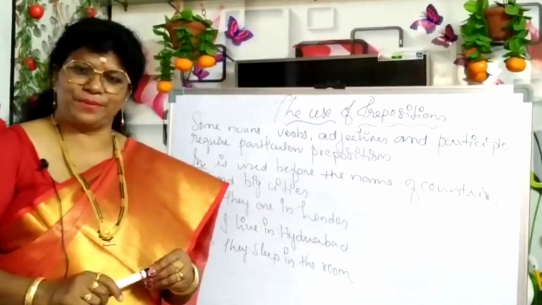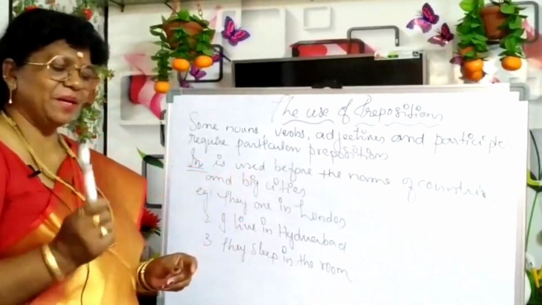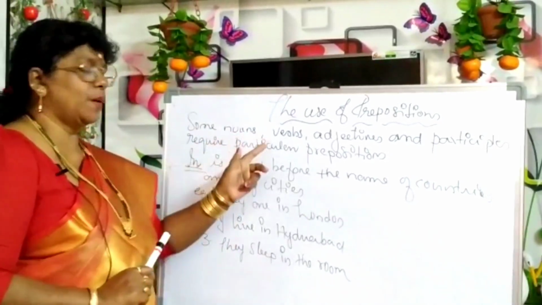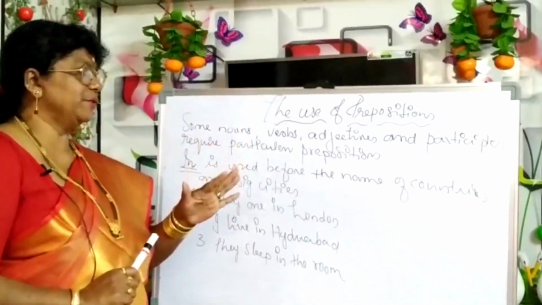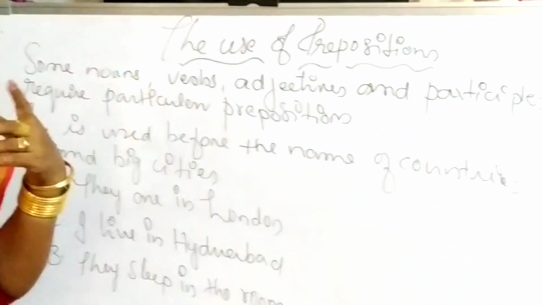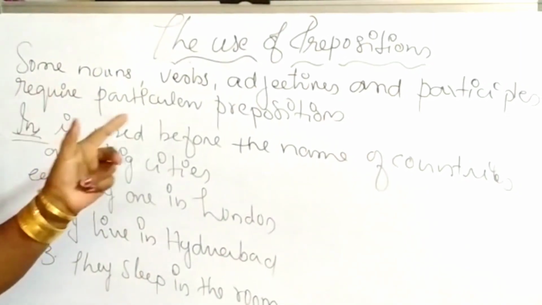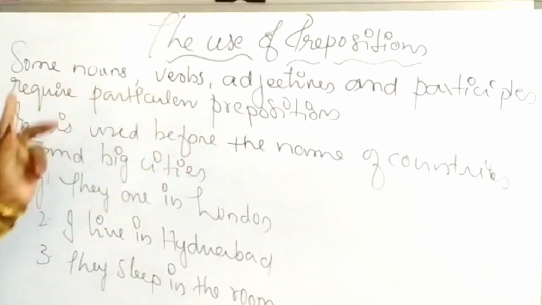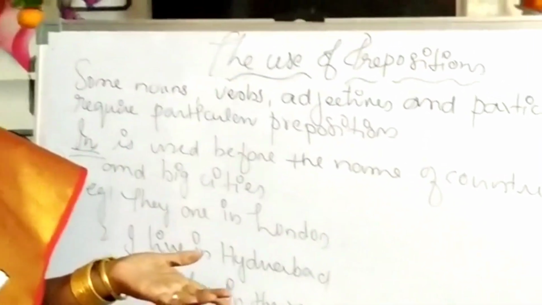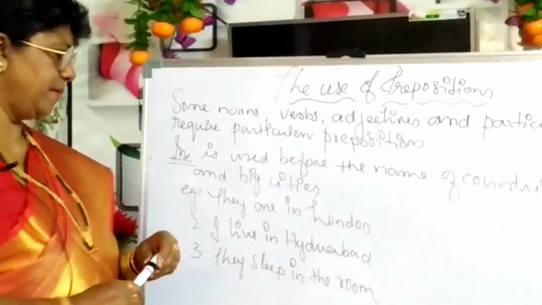Let us go through. Are you all happy with me? Some nouns, verbs, adjectives and participles require a particular preposition. For example, in. In is used before the names of countries and big cities. They are in London.